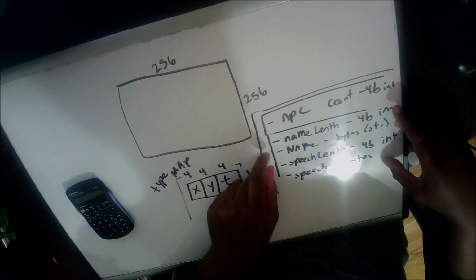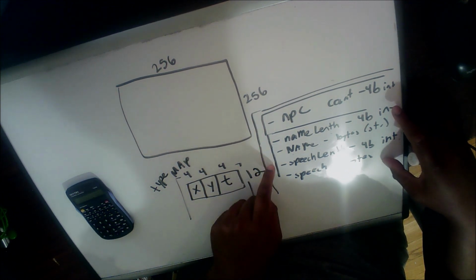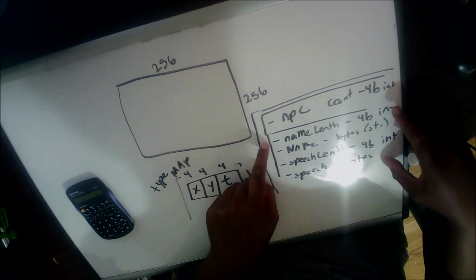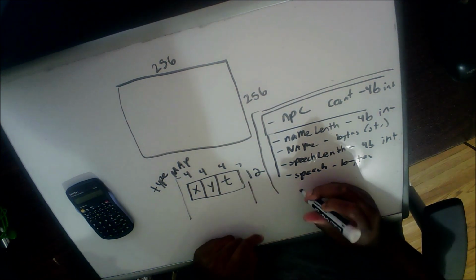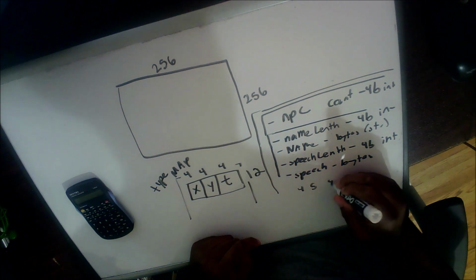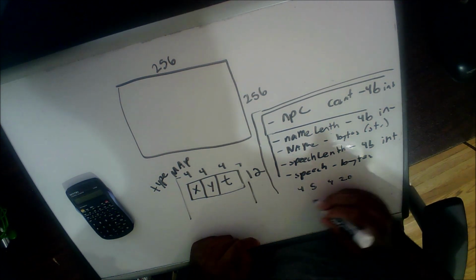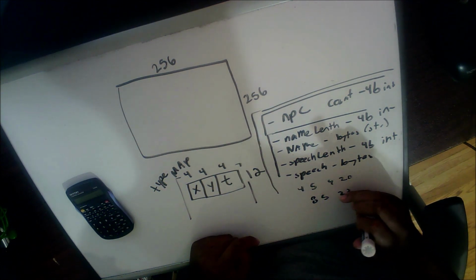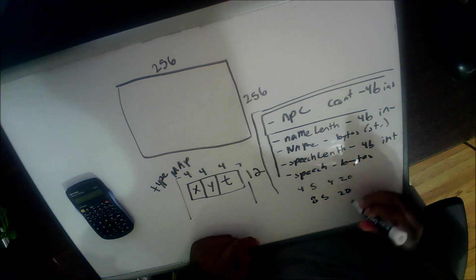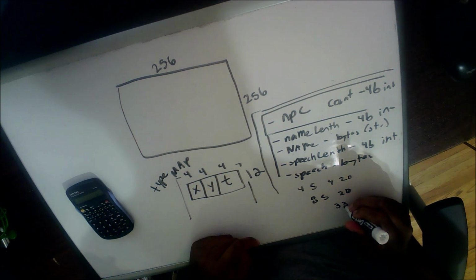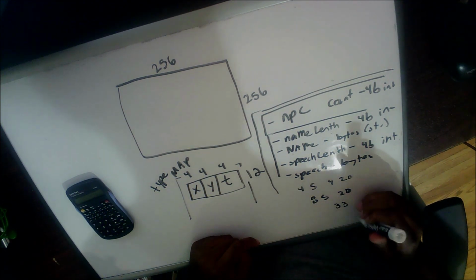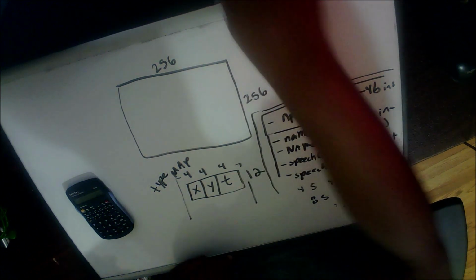So if your name is 5 bytes, it's going to be 4 bytes, 5 bytes, and if your speech is 20 bytes, 4 plus 5 plus 4 plus 20. So 8, 5, 20, 33, right? Yeah, 33. So that's cool.